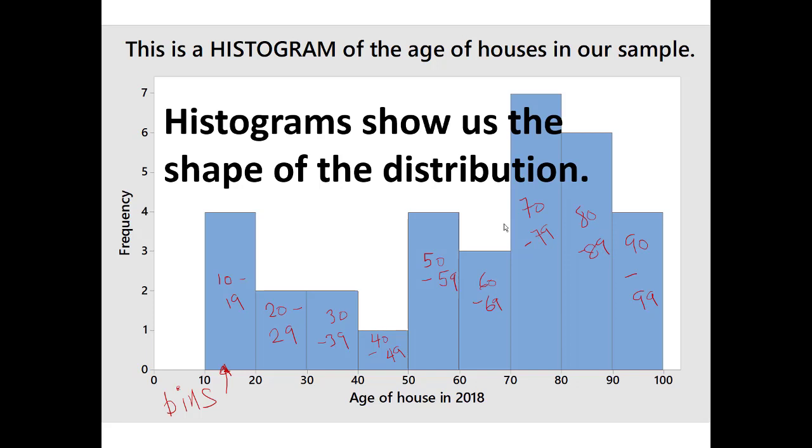So, we could have also made a histogram that just had 2 bins. Actually, wait, let's step back. We see that here in the 0 to 9 years bin, there are actually no houses. Nobody built a house in the last 10 years, right? We could have also said, we want to go from 0 to 50, and so we could have had a bin there, which would just add up all of these.